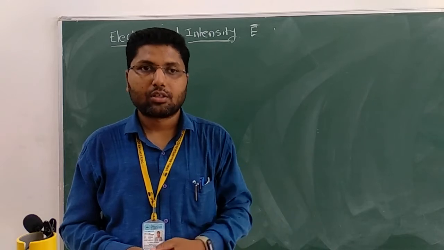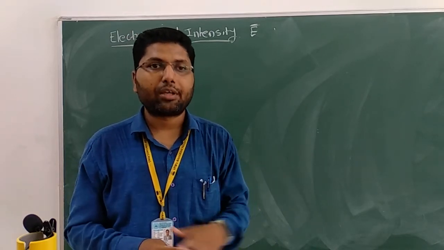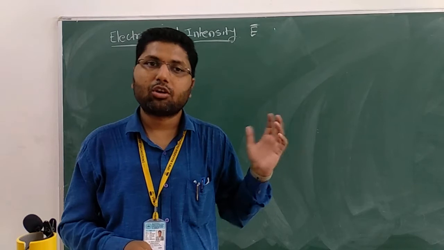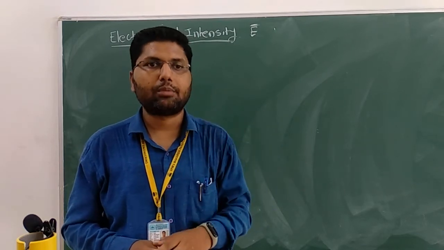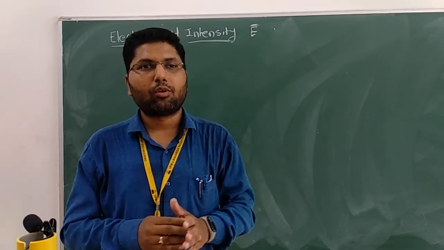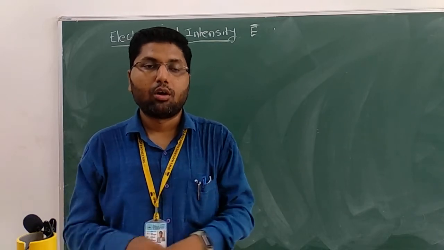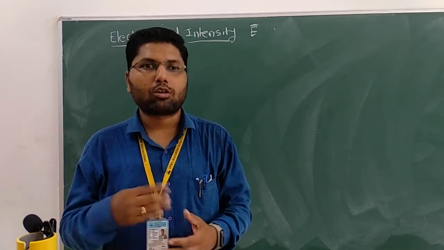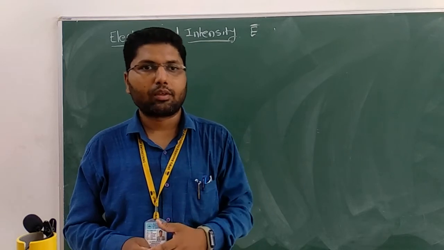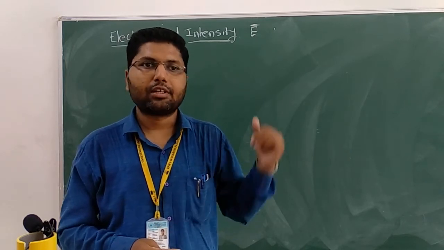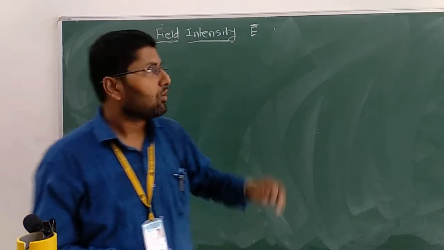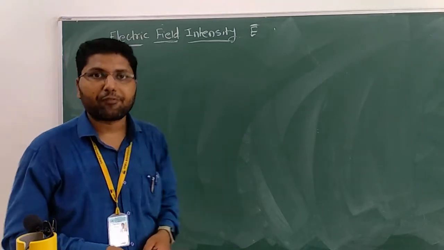This is not a new topic, it is in the first chapter itself, but it is an extension of Coulomb's law. We will see Gauss law for the electric field intensity in the further syllabus. So we will start with electric field intensity.